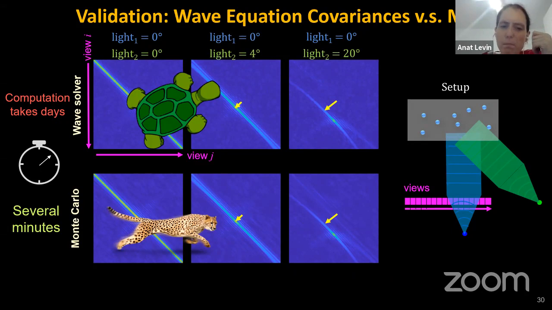And for bigger scenes, the difference between these algorithms scales much faster. So the Monte Carlo algorithm is way more efficient, but still the take-home message from this slide is that the Monte Carlo algorithm is physically accurate, and it produces the exact same statistics that you get from an exact wave solver.